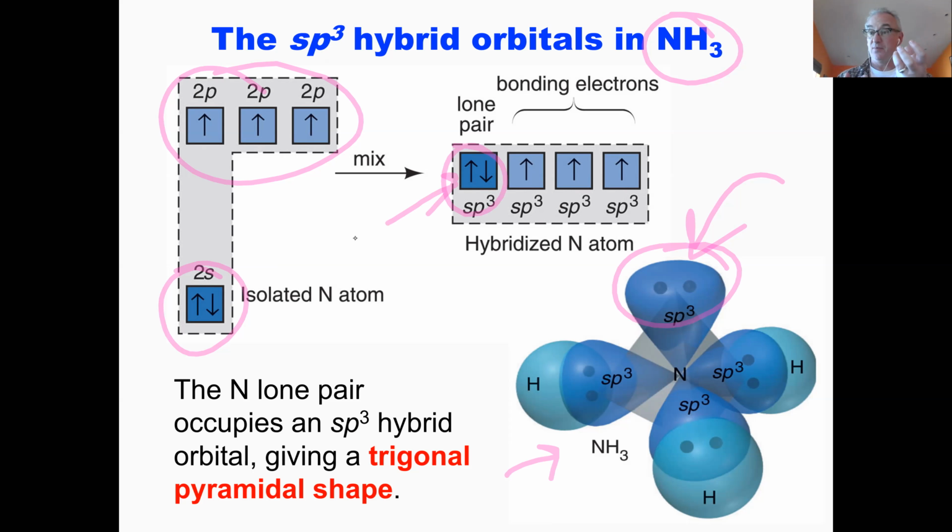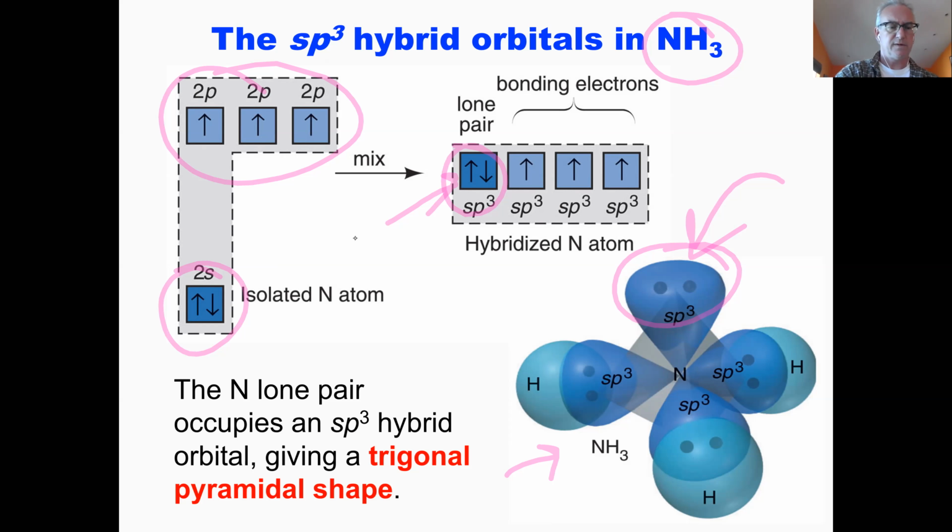And that's the shape we actually see. So remember, you have to take into consideration the lone pairs. They will have the geometry of the 4 electron density grouping, but the molecule itself won't have a tetrahedral shape. The molecule will have a shape inside that group. And when you have 1 lone pair, you get this trigonal pyramidal setup.